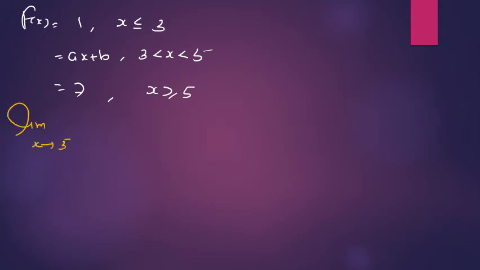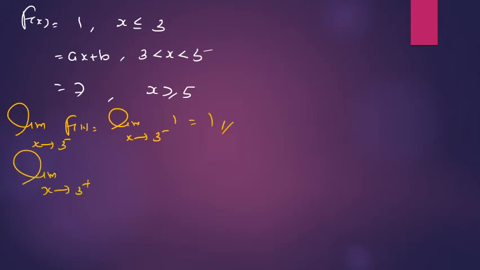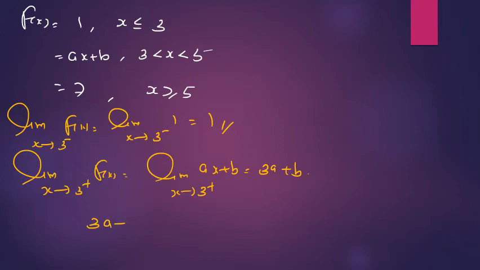What is limit x tends to 3 minus f of x? 3 minus means less than 3. Less than 3 means 1. So 1. Now limit x tends to 3 plus f of x, where f of x is ax plus b. So 3a plus b. Left hand limit and right hand limit are equal, so 3a plus b is equal to 1. That is equation number 1.